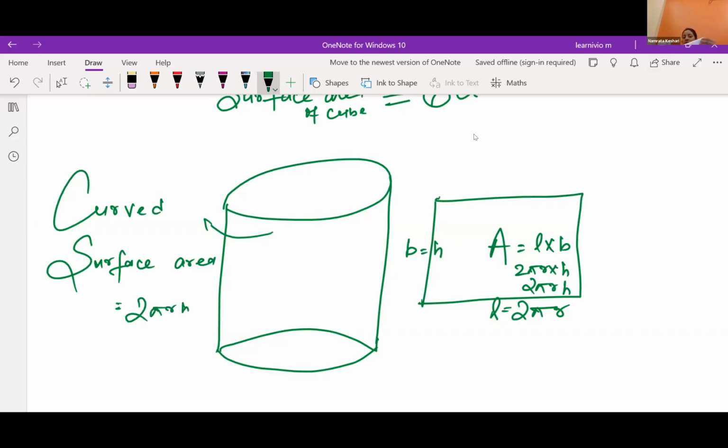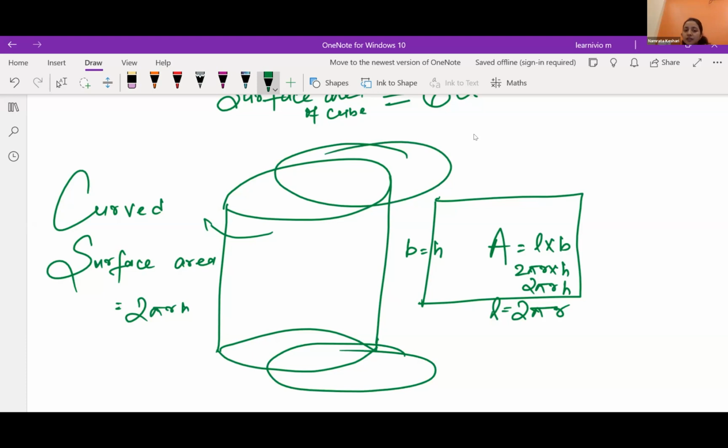But apart from that, if I attach a circular lid over here and a circular lid over there, that will give two more surfaces. If you attach a lid here and a lid here, that means you are taking two more surfaces.